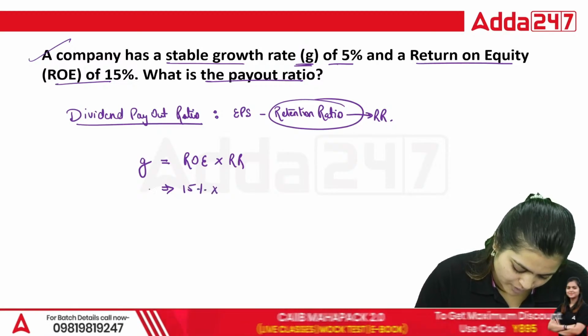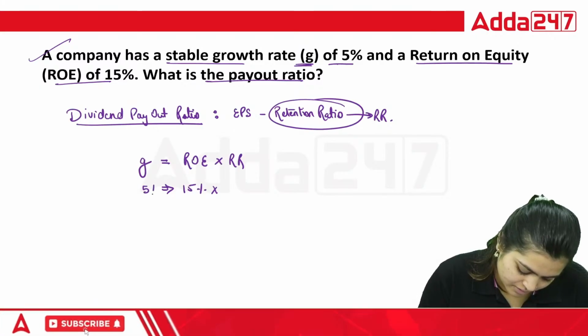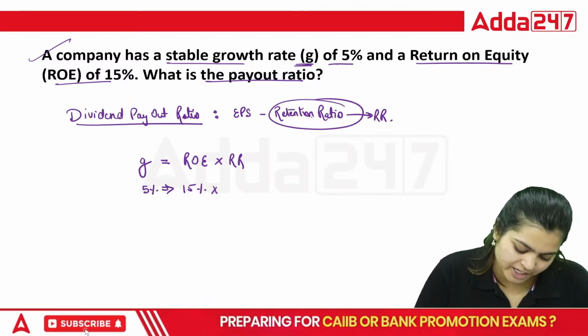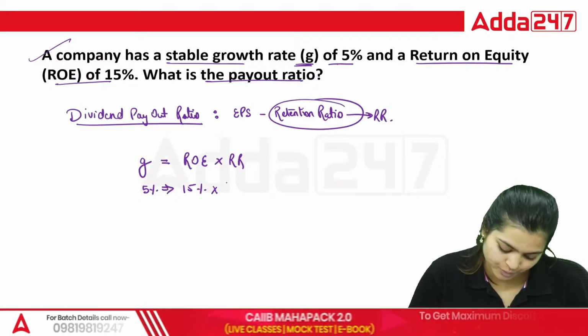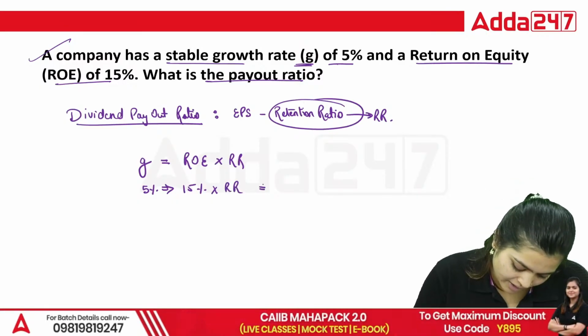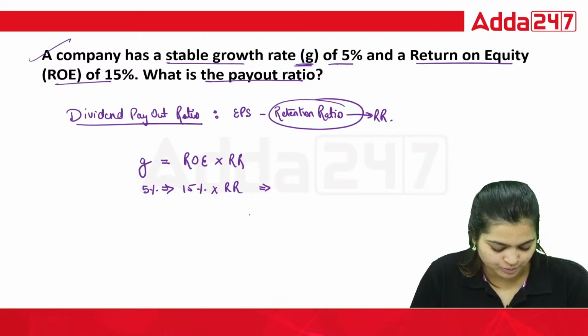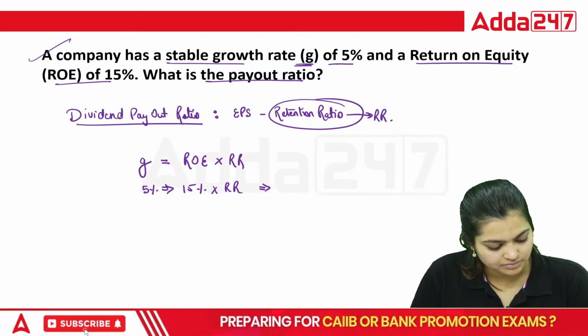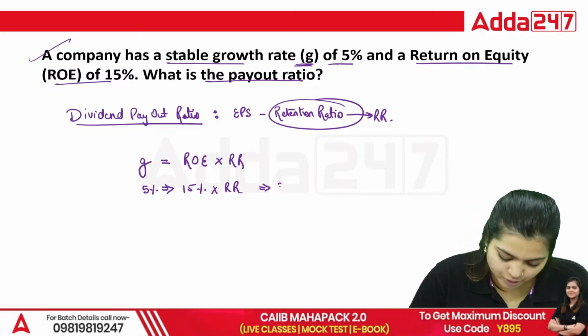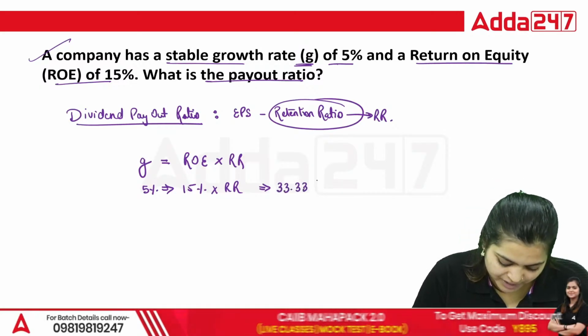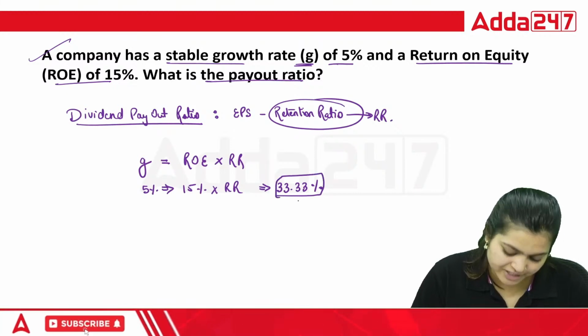If you subtract the retention ratio from EPS, you can get the dividend payout ratio. So RR is going to be what? That is going to be 33.33%. This is your retention ratio.